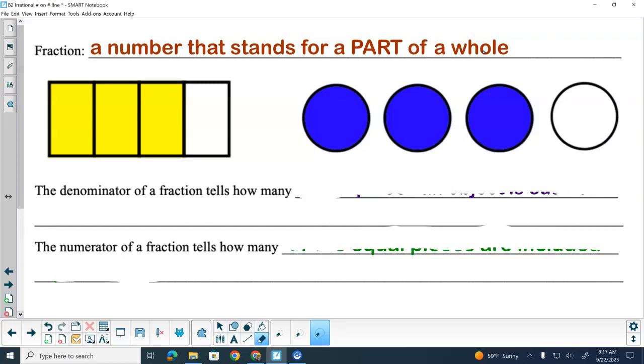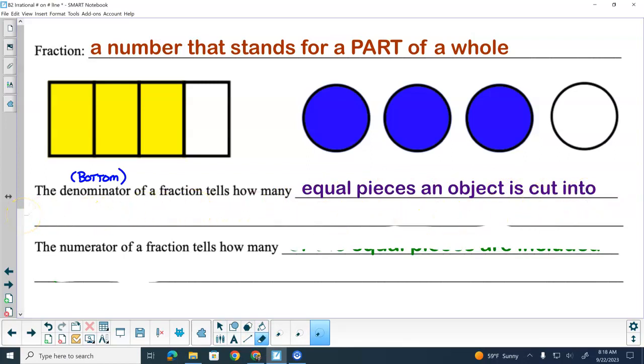So the denominator of a fraction is the bottom of that fraction. It's the downstairs of the fraction. That tells us how many equal pieces an object is cut into.